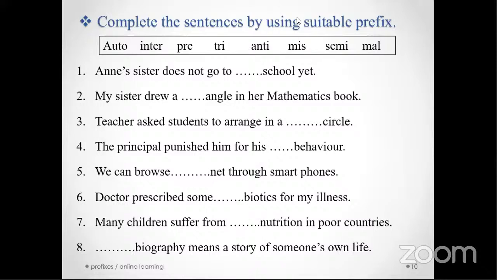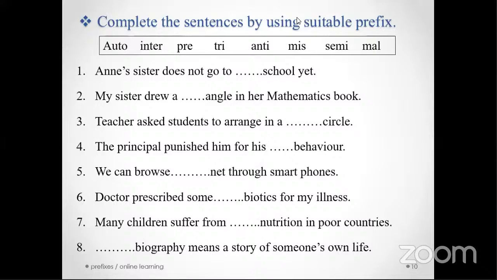Right, thank you very much. Preschool, thank you. Triangle, good. Right, triangle. Preschool. So please try other answers.